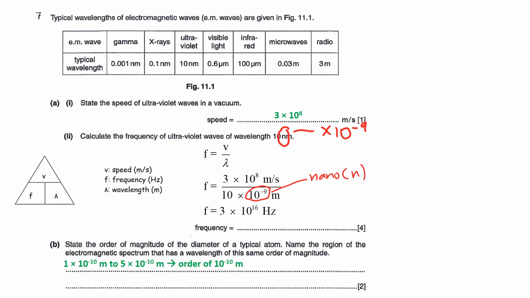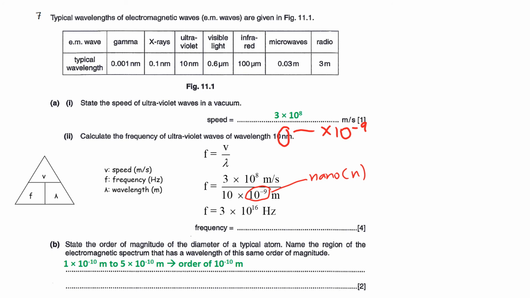For the second part of this question, which region of the electromagnetic spectrum in figure 11.1 in the question has a wavelength that's similar to the diameter of an atom? We can see that 10 to the power minus 10 meters is very small, so it will likely lean towards nanometers, which is the smallest prefix in figure 11.1, compared to micrometer that's represented by 10 to the power minus 6.